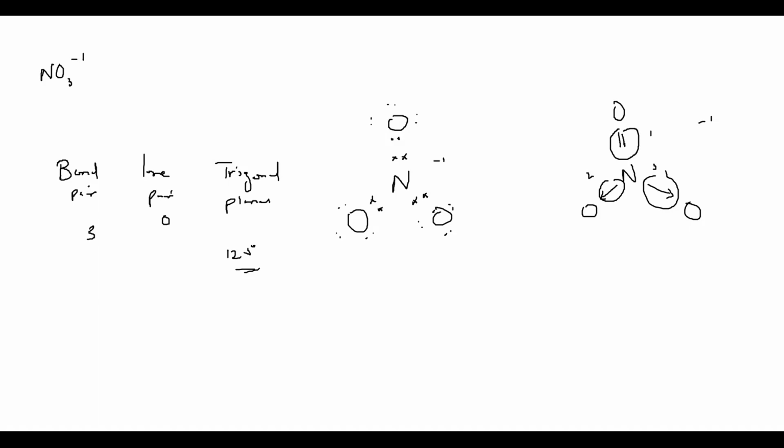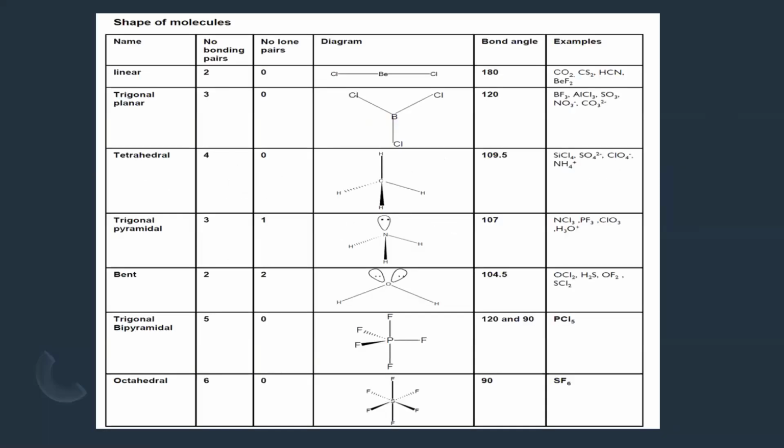In the same way, if it has 4 bond pairs, the third one is tetrahedral. It will be tetrahedral if it has 4 bond pairs and no lone pair.